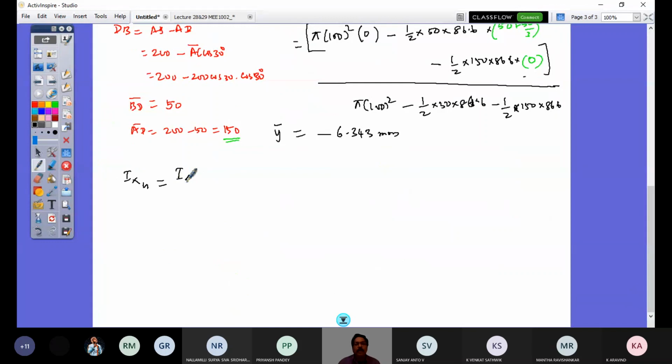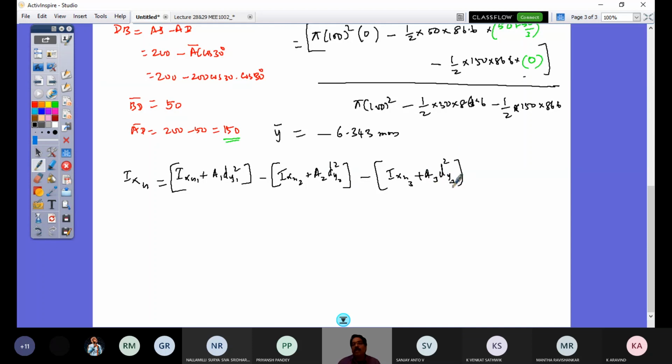Ixg1 plus A1 into dy1 square, understand this formula, minus Ixg2 plus A2 dy2 square, minus Ixg3 plus A3 dy3 square.